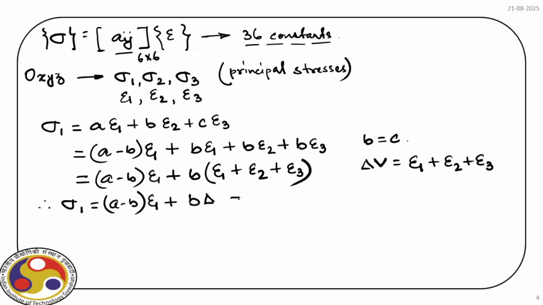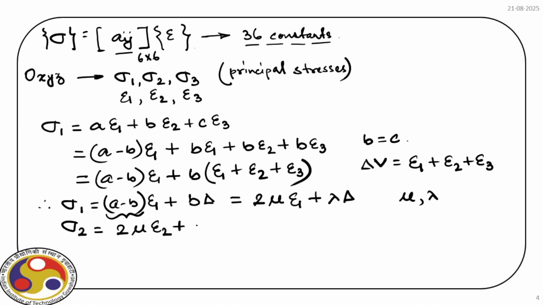So this is written in a slightly different form because A minus B is also a constant. So we can write it as 2 mu epsilon 1 plus delta times lambda. So we have basically two constants, mu and lambda, right? Similarly, we can write sigma 2 equal to twice mu epsilon 2 plus lambda times delta.